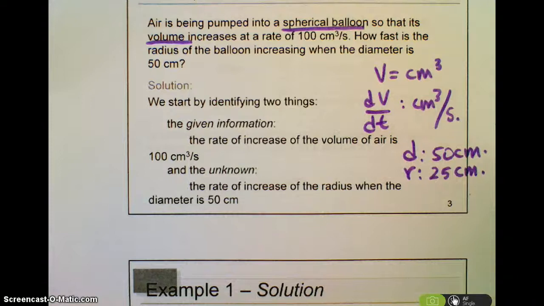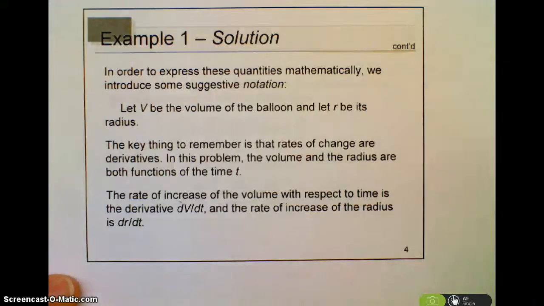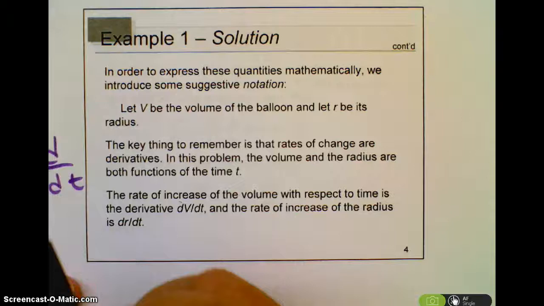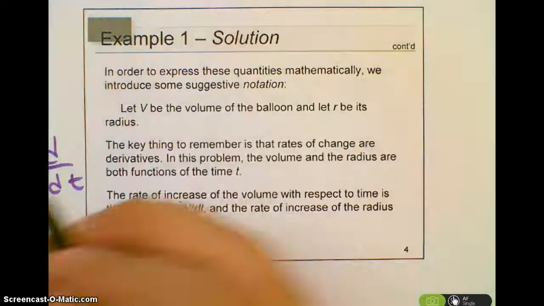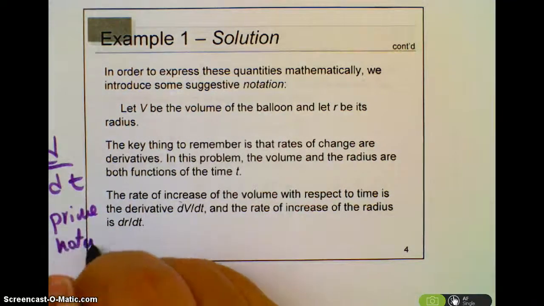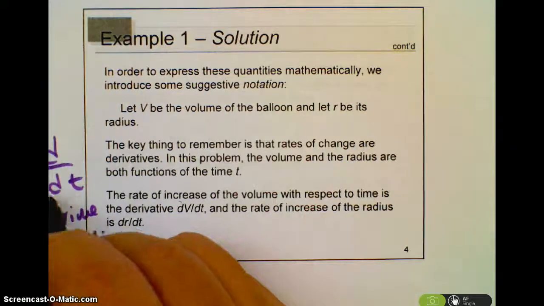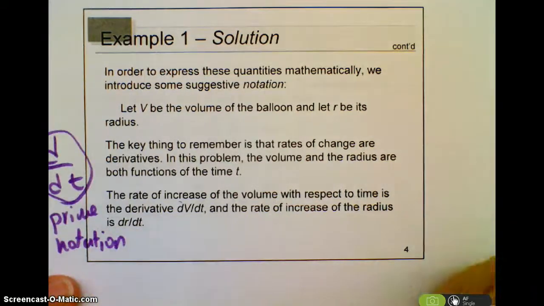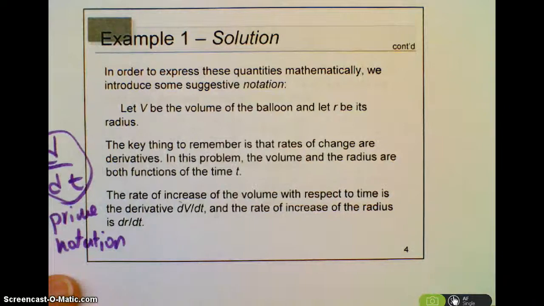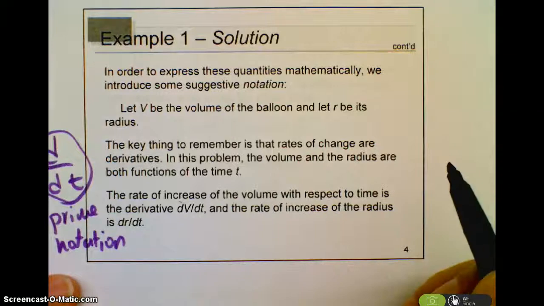The book suggests the d over dt notation. What I would suggest is the prime notation, because the equation may look more overwhelming just by including the Leibniz notation, or d over dt notation. The prime notation lets the equation be written smaller.